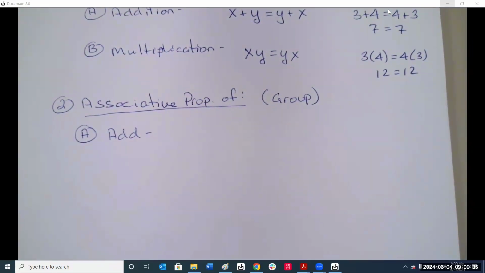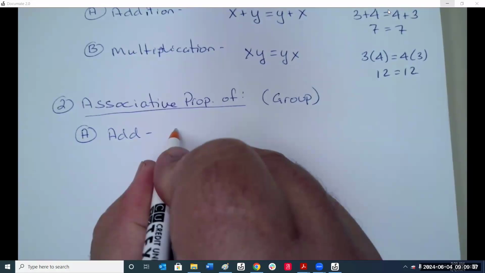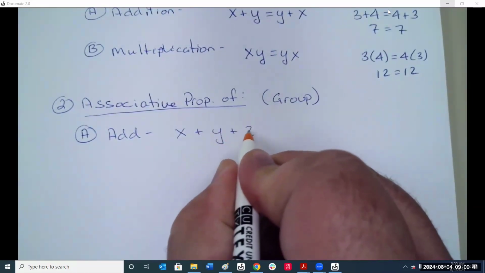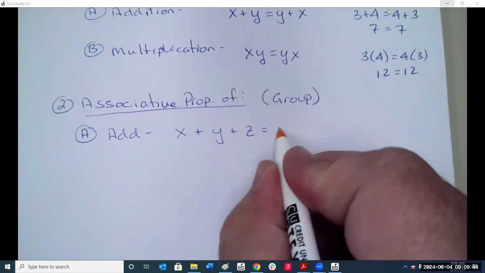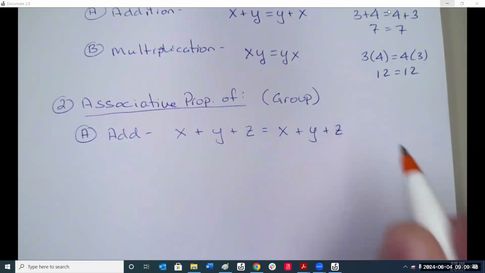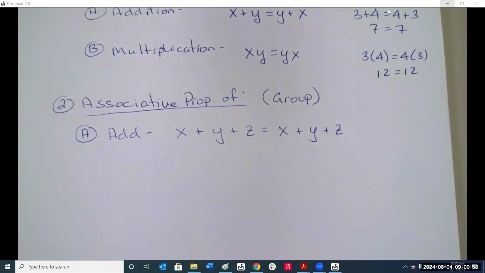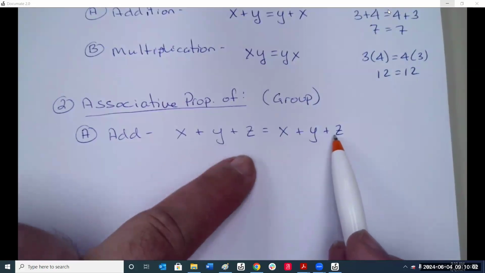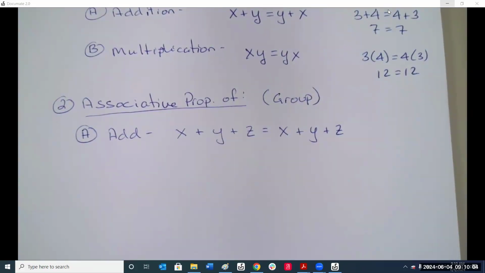Now, here's another rule of everything in general. X plus Y plus Z equals X plus Y plus Z. True? That is true. It's the same thing on both sides.